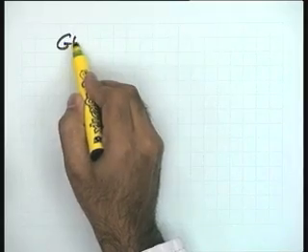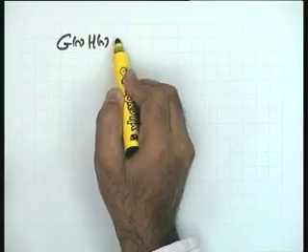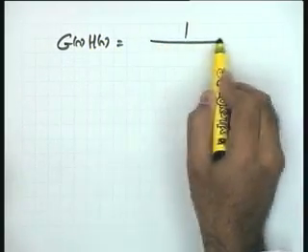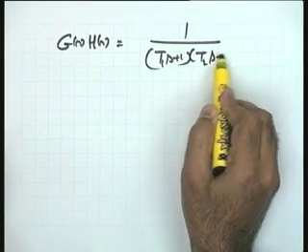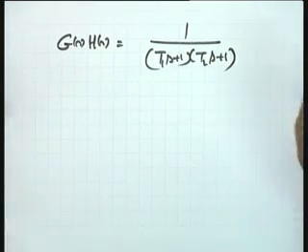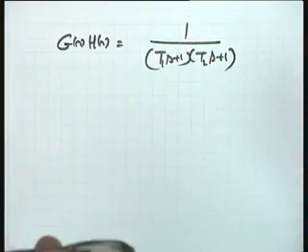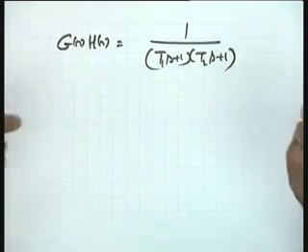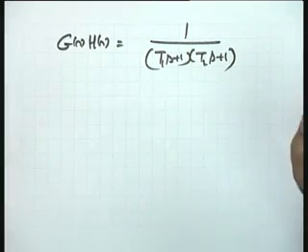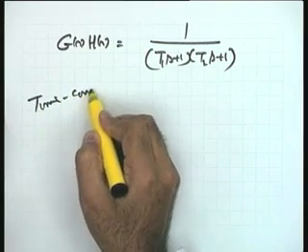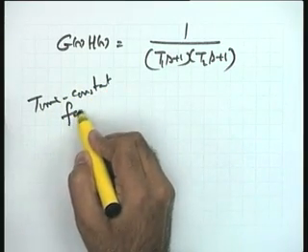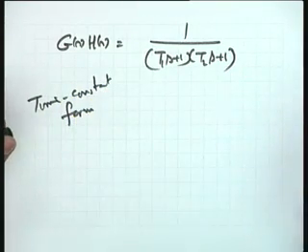I take a feedback system with open loop transfer function G(s)H(s) equal to K over (T1 s plus 1)(T2 s plus 1). Okay, this is the feedback system I have taken. Now please note, when I apply the frequency domain methods, normally the time constant form of the transfer function is more convenient to use.